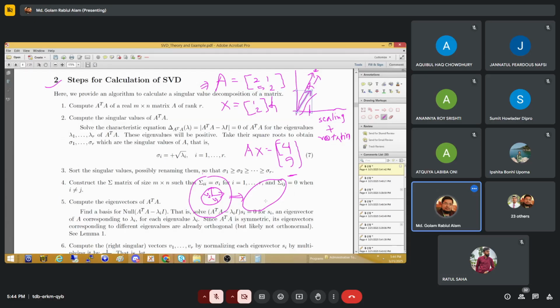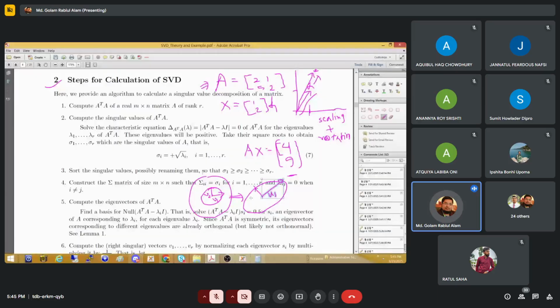Maybe in that case v1 is scaled this way, which we consider u1, and v2 is scaled that way, so this is our u2. And also it will rotate according to our matrix.